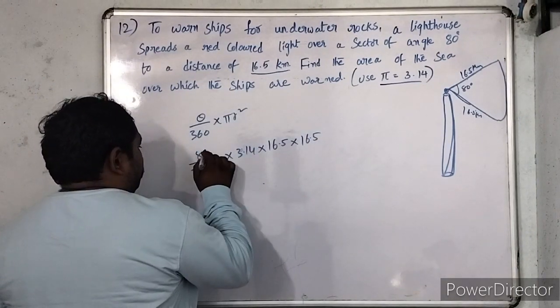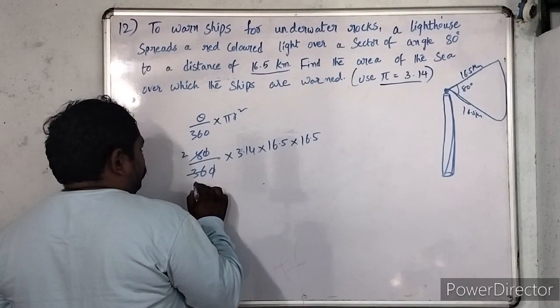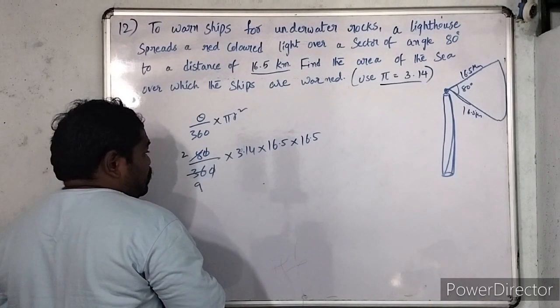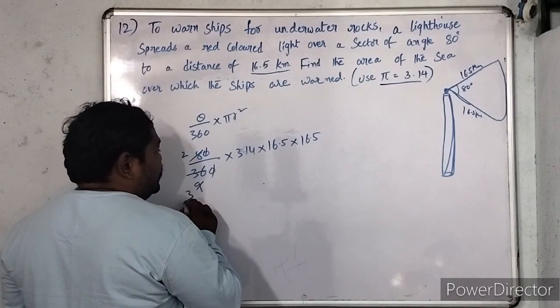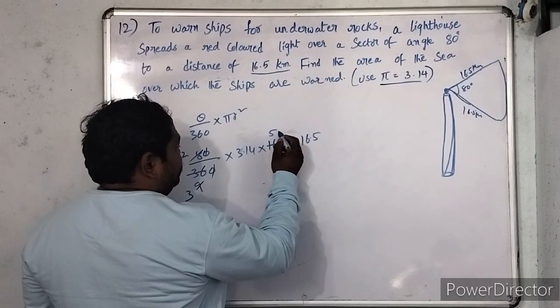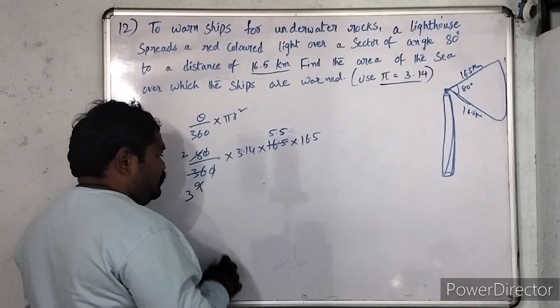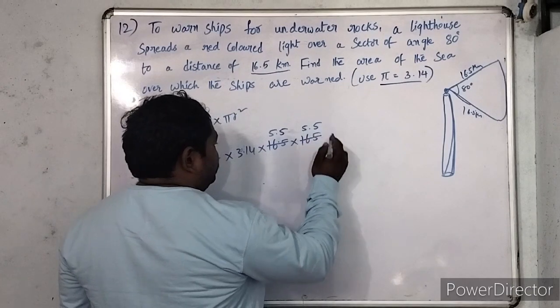Okay, 0 0 cancel. 4 2s are 8. 4 9s are 36. Now 3 3s are 9. 3 5s are 15, 1 carry. Again 3 5s are 15. Again 3 1s are 3. 3 5s are 15. Again 3 5s are 15.